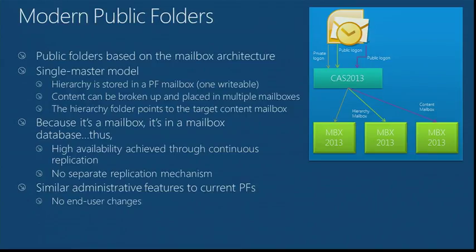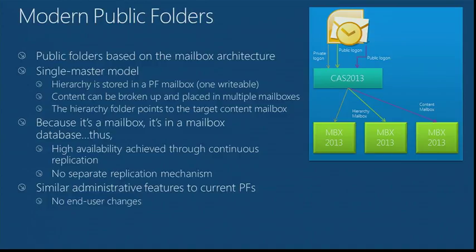We no longer use a multi-master model. We have a single master model now. And that means there's only one mailbox that has the writable hierarchy. There's only one mailbox that has the writable content. And they don't exist in multiple places. So if a user needs to access public folder content, they will go to a public folder mailbox. It will look up in the hierarchy, because every public folder mailbox has a copy of the hierarchy.